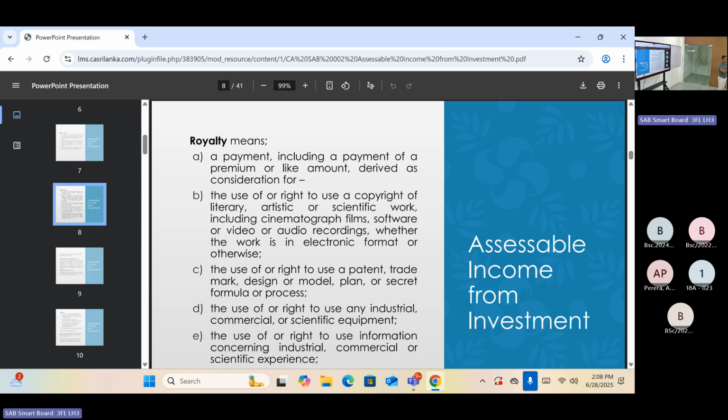So that goes as royalty. The meaning is, royalty is any payment made for the right to use intellectual property.